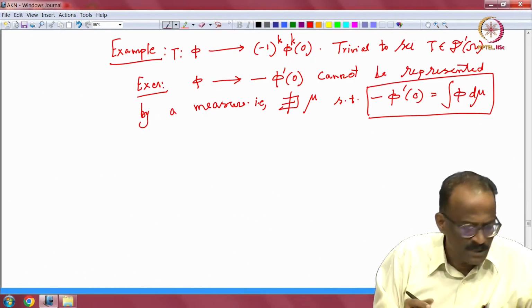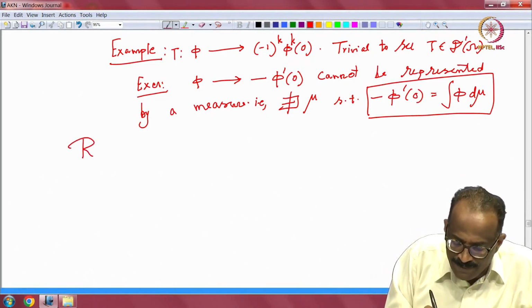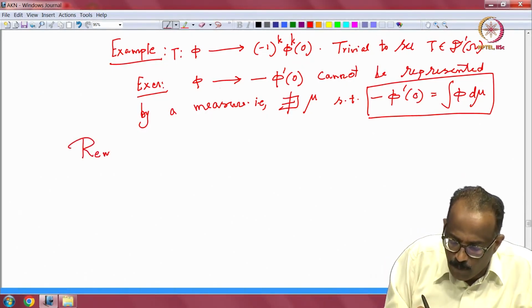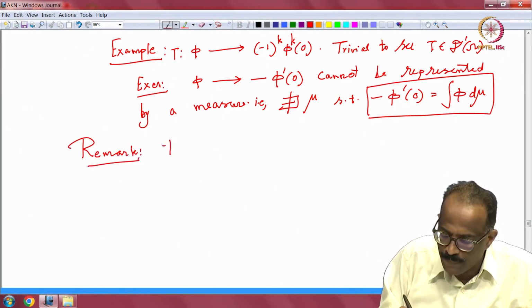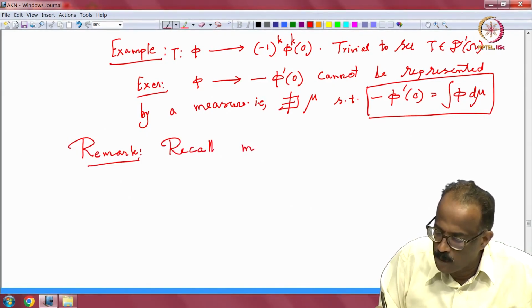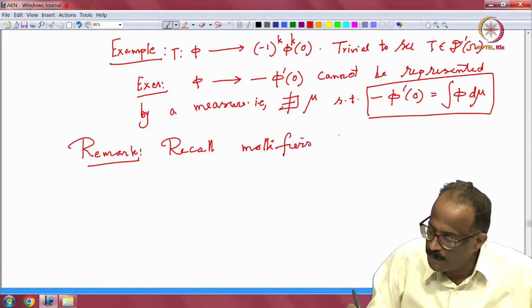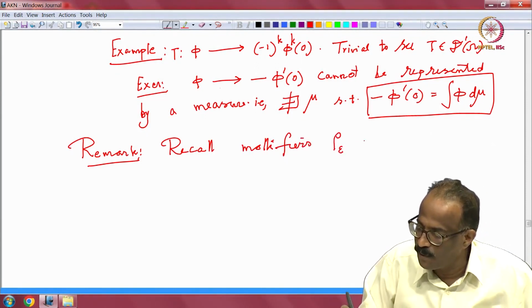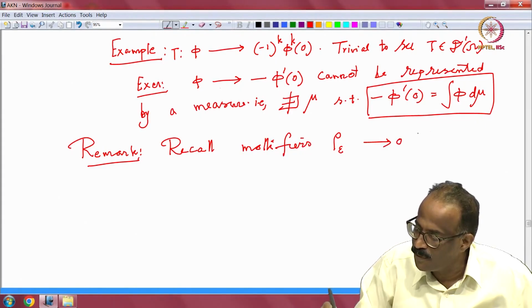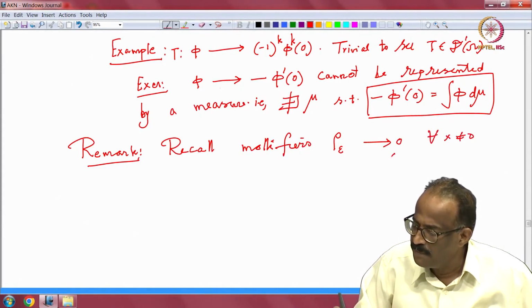So, let me now make some remark. You recall mollifiers ρ_ε, and you have seen that ρ_ε converges to 0 for all x not equal to 0. Is it close to delta?